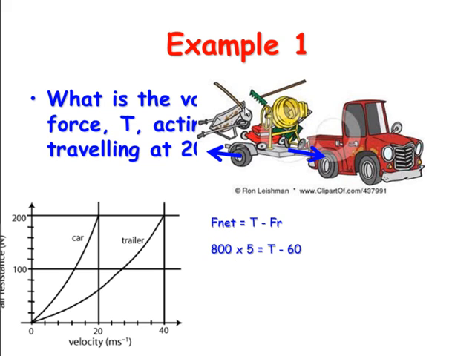So F net, that's MA. We had a mass of 800 and it's accelerating at 5, so F net is 800 times 5, which is equal to tension minus, at 20 meters per second, roughly 60 newtons of resistance for the trailer. So tension is, rearranging, 4,000 plus the 60, it's 4,060 newtons.